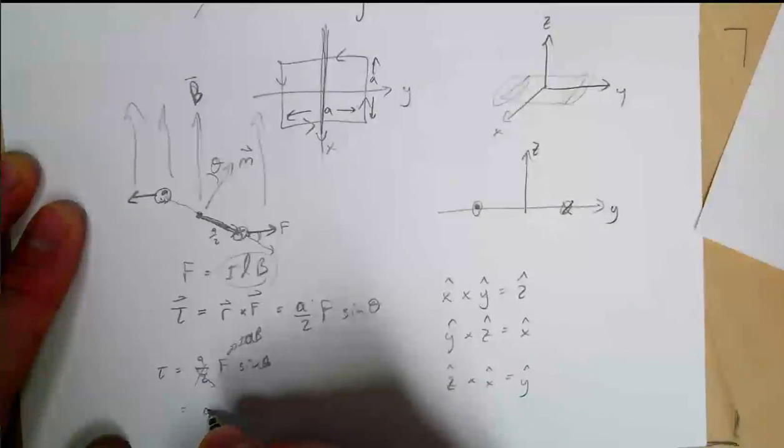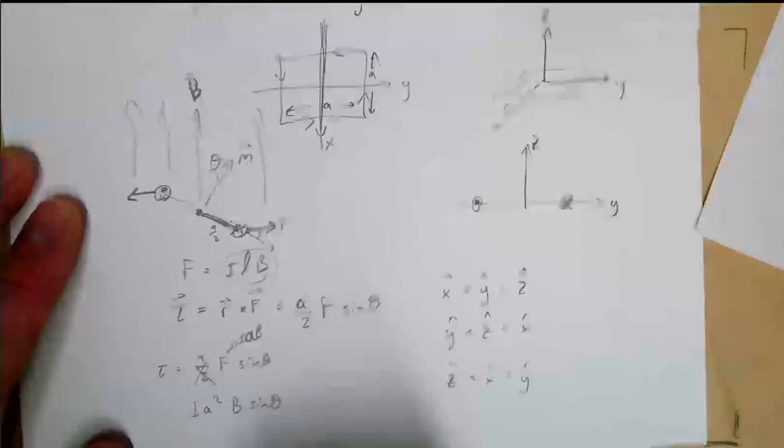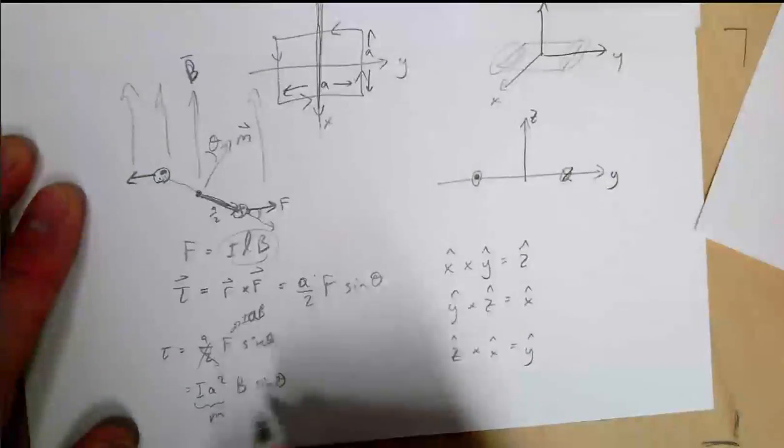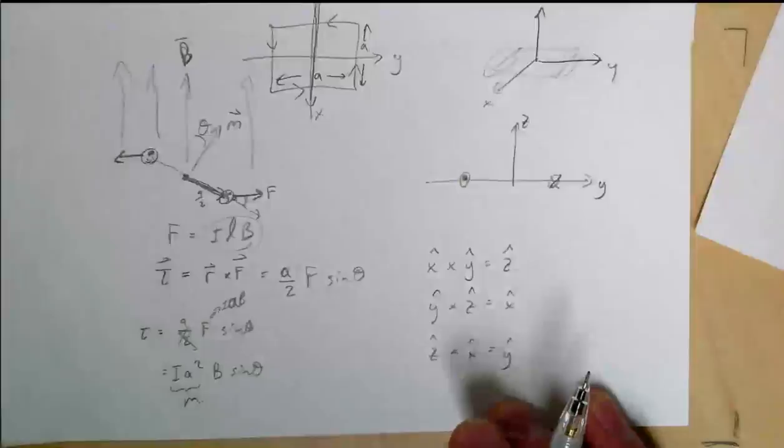So I end up having an A squared with an I, B times the sine of theta. Okay, cool. So we're actually getting something that looks like MB sine theta. MB sine theta is what we had up here. So that's good. We're getting a practical result.